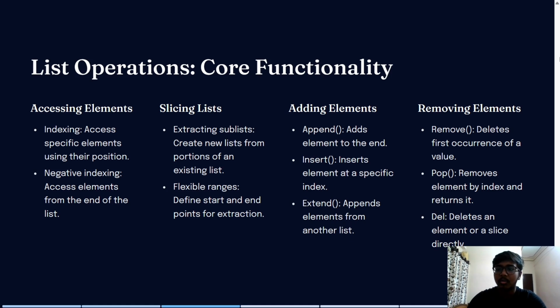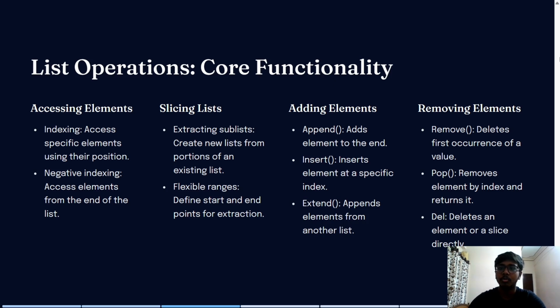To remove elements, we have a few methods, like the remove method. By using this method, if we mention a particular number or string or anything which we want to remove from the list, it directly removes the first occurrence if more than one occurrence is present in the list. By using the pop method we can remove the element at a particular index number or position.